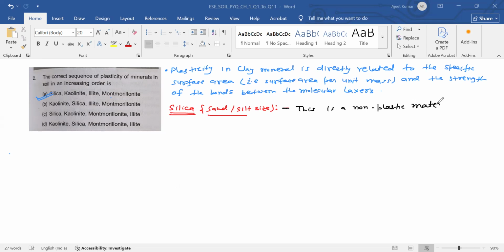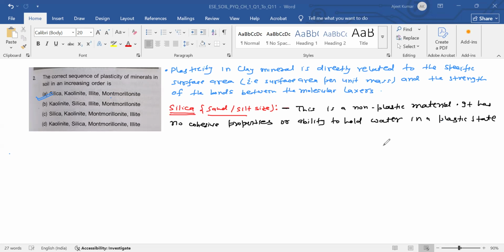It has no cohesive properties or ability to hold water in a plastic state.